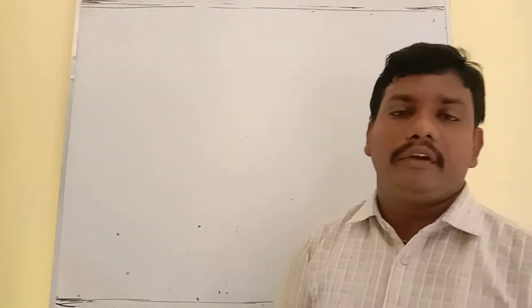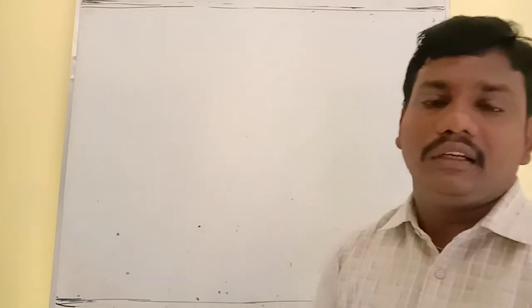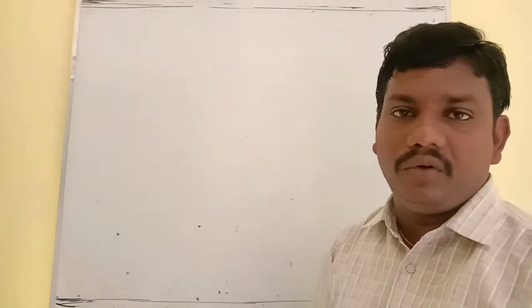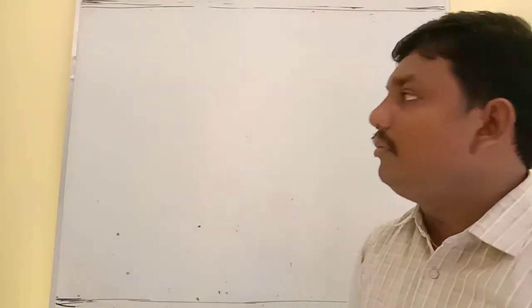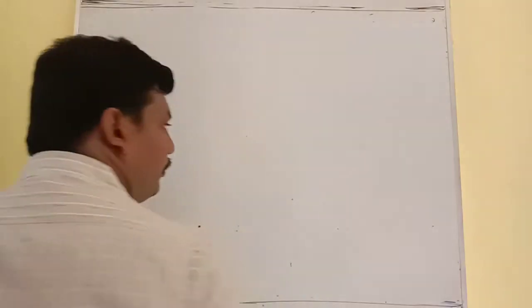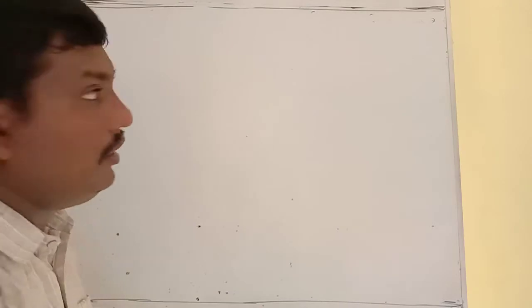Hi students, in this video we are going to discuss how to convert the given trigonometric ratio in terms of other trigonometric ratios. We already know we have six trigonometric ratios.